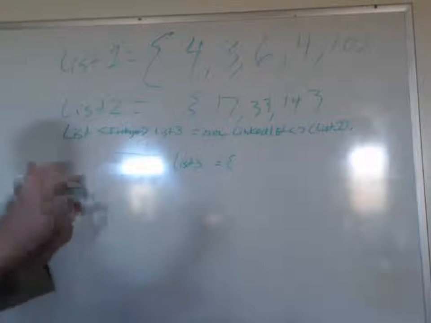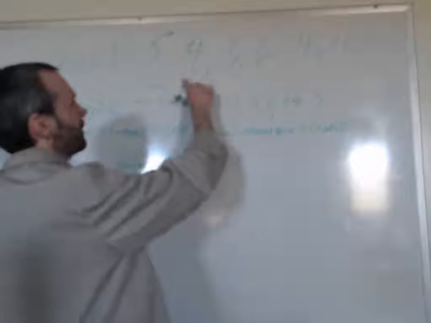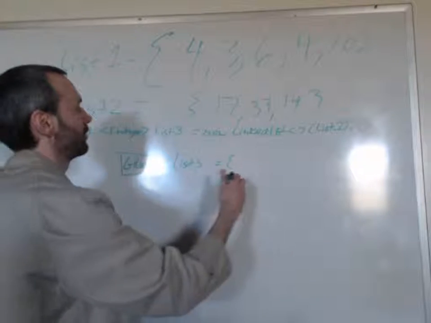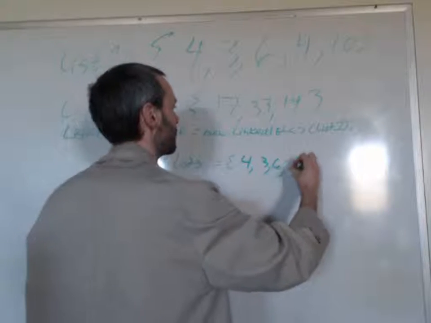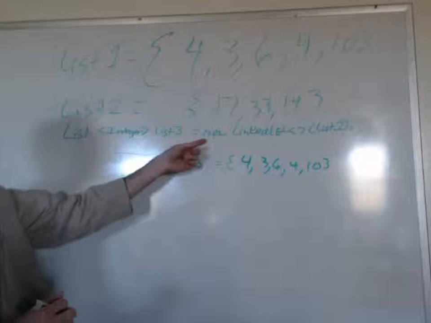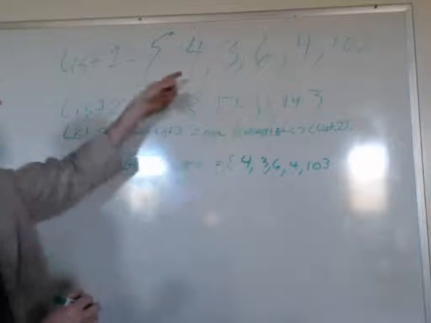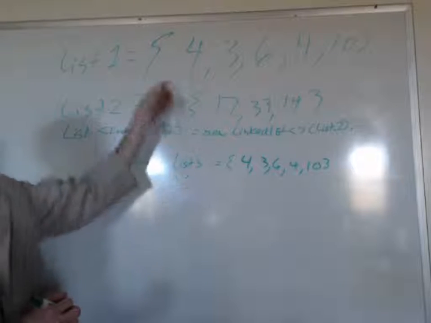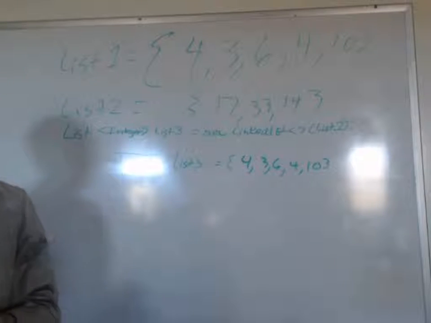We haven't done copy constructors. By passing in list 1, it's going to copy all the contents of list 1 into the new list 3. So it'll be 4, 3, 6, 4, 10. So list 3 at this point would be a copy of list 1. Now they're two separate objects, but they both contain the same information. All right?